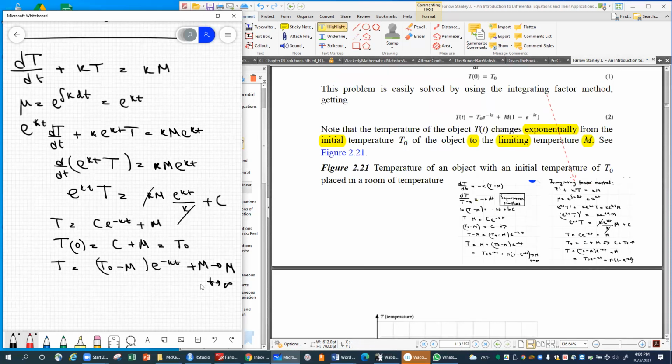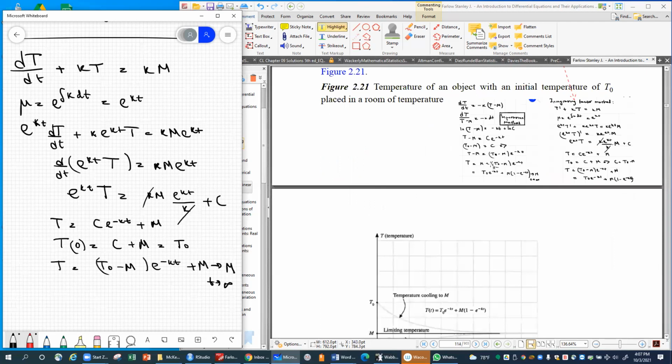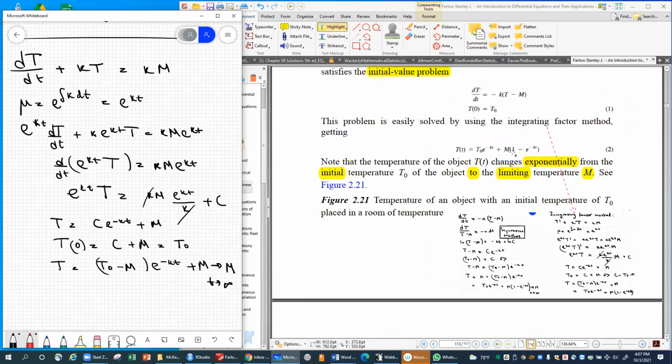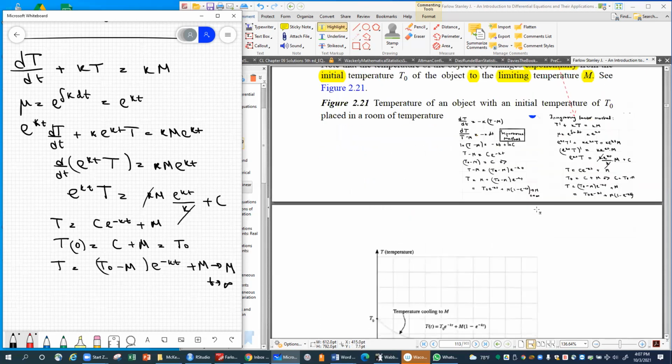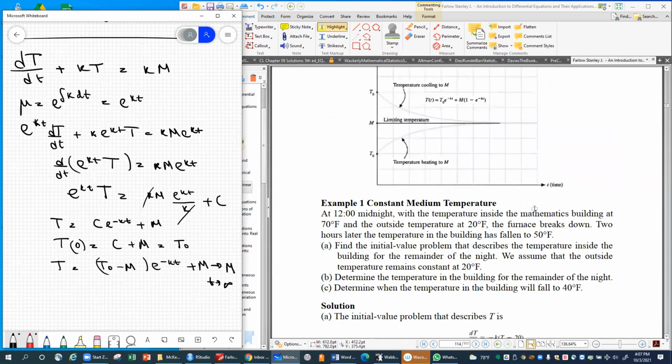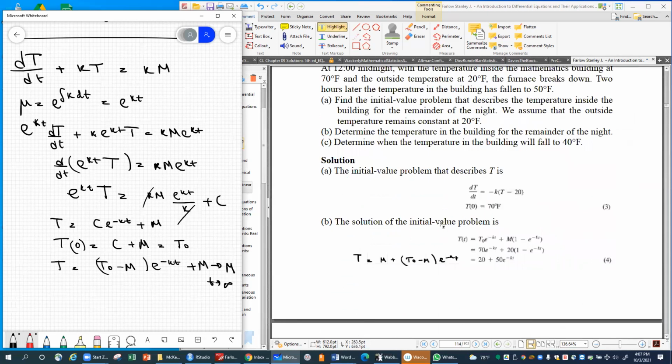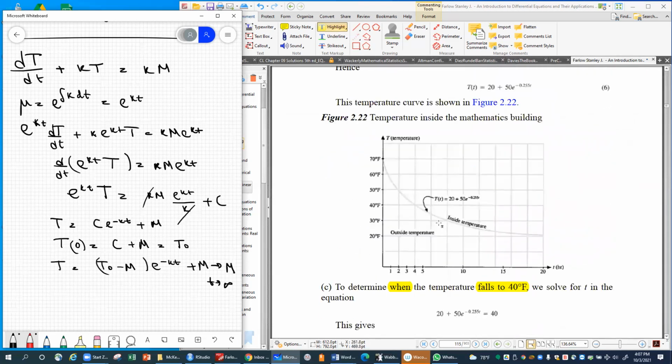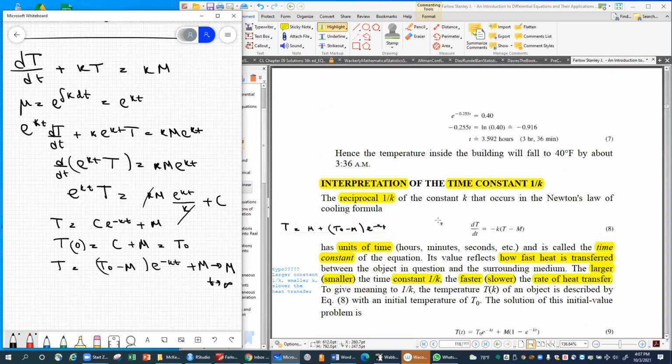So that goes to M as t goes to infinity, and you have your solution. I actually prefer to write it this way rather than combining. The book seems to rather like combining M terms together. I think it's better to keep it this way for the solution's sake. That's what you get. So let's do at least one problem, then we call it a day.